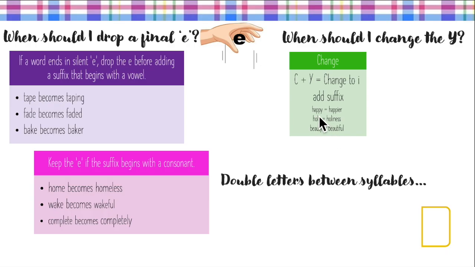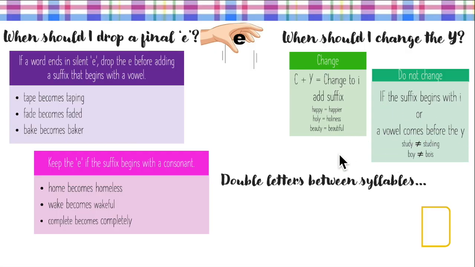So happy, you're going to change the Y to I. Holy, you change the Y to I. Now there is an occurrence when you don't want to change that Y to I, and that's when the suffix begins with an I, because we don't like having a double I. So a cool rule of thumb is always change the Y to I unless your suffix has an I. And then you don't, right? Now, if you do have a vowel that comes before, like in boy, you're not going to want to change either. Otherwise, you're going to end up with a very odd spelling.